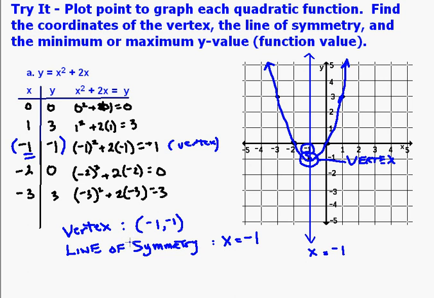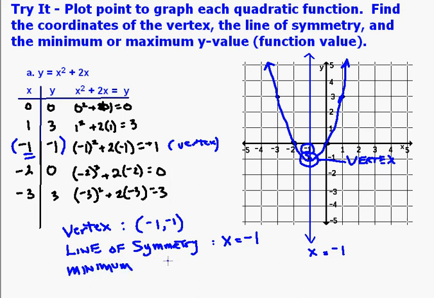And then it asks you for the minimum or maximum y value. That's also part of the vertex. Now this parabola is opening upward, so the vertex is at the bottom. So the y value is the minimum y value.